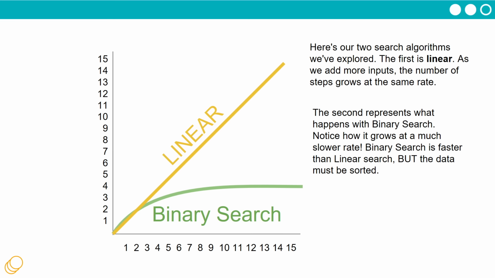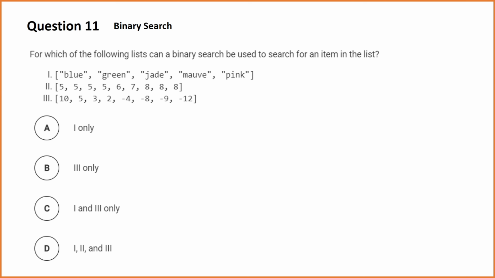Okay. Now we're getting on time, so let me jump through this quicker. Which of the following lists can binary search be used for? Well, find the sorted list here. Which one is sorted? Now you see that the one on the bottom, this one here, it is kind of sorted because it's in reverse order.